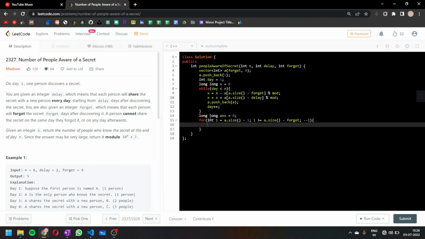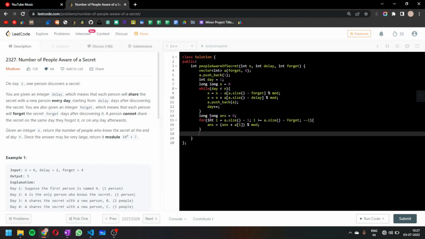Initially it is x and we are just taking the sum. So answer equals answer plus a[i], and let's take mod as well. So at the end, percentage modulo, right. So we are doing this, and after doing this, at the end just return the answer.